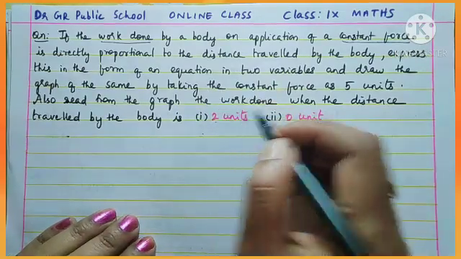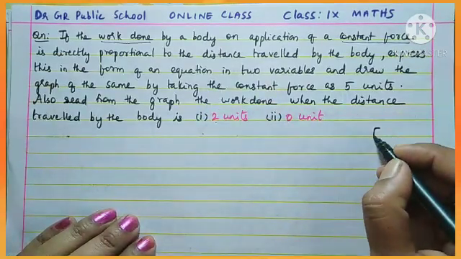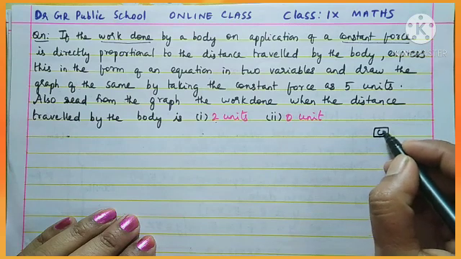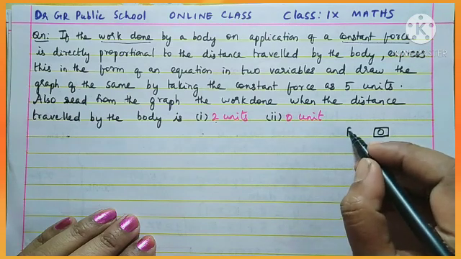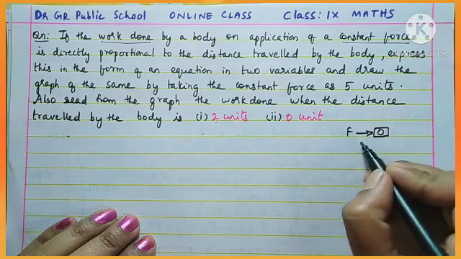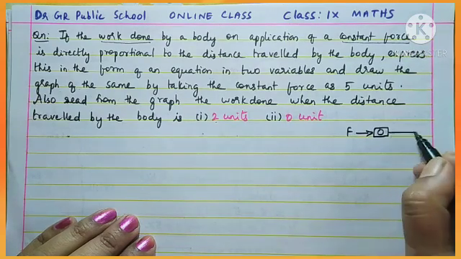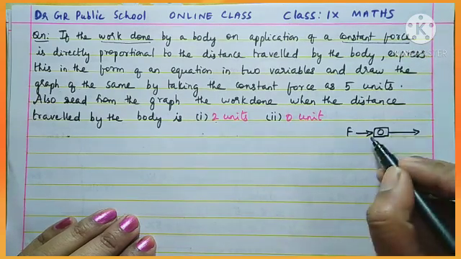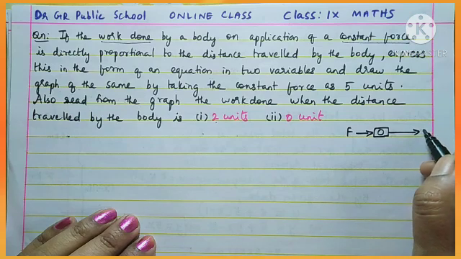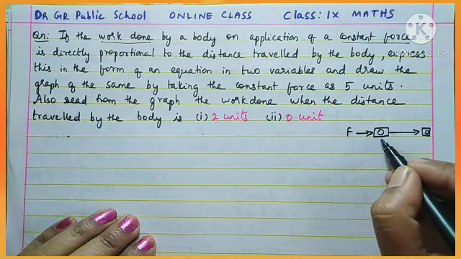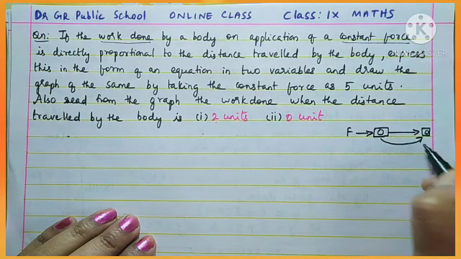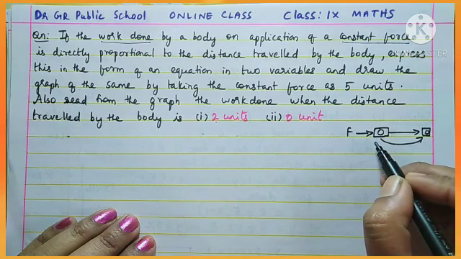So an object is there, and when force is applied to this object, it moves, correct? So it moves to certain distance. So from this position it moves to another position when force is applied, correct?